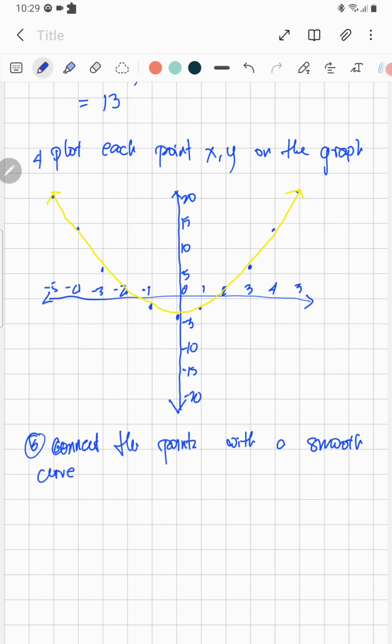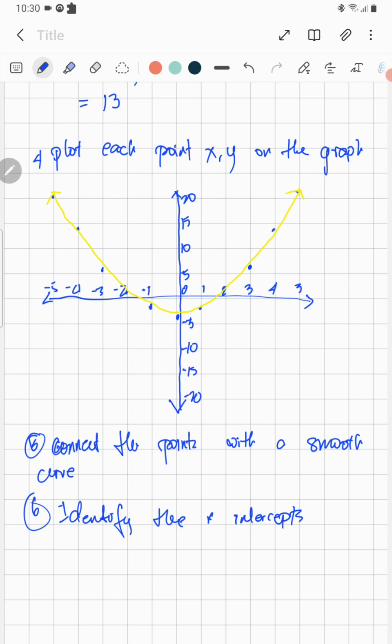Okay. So for step 6, we identify the x-intercepts of the graph. Ayan.